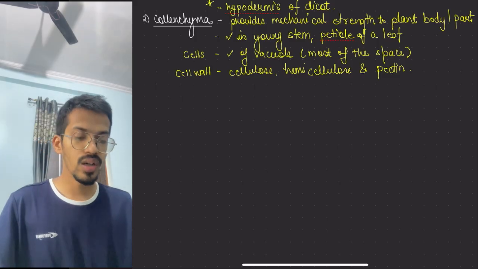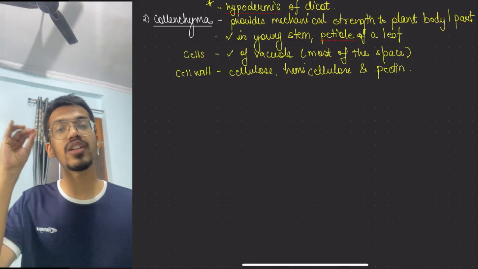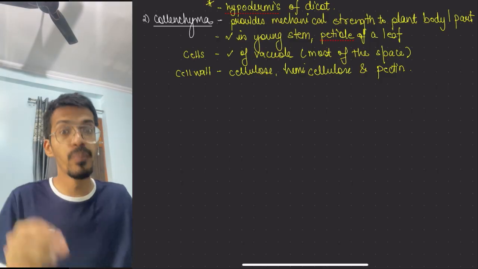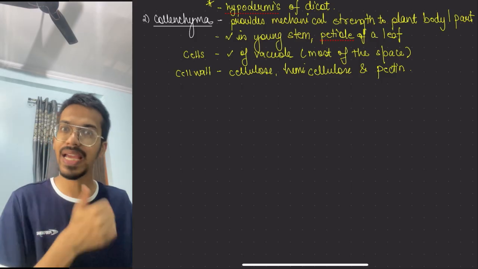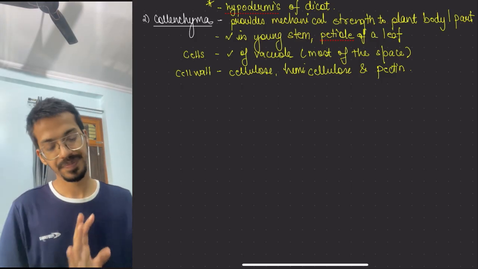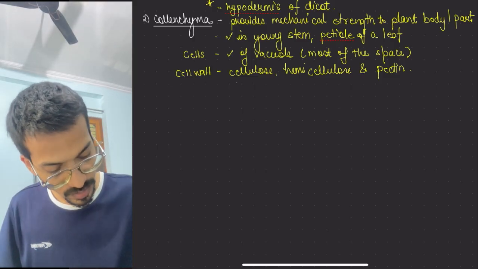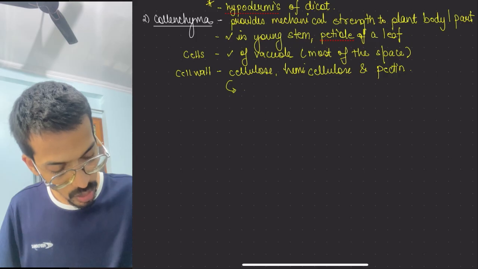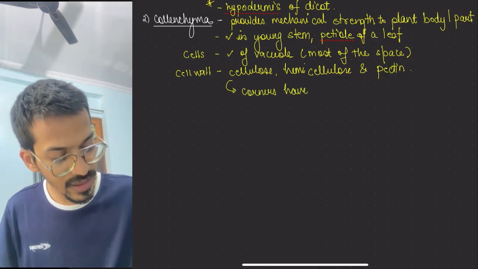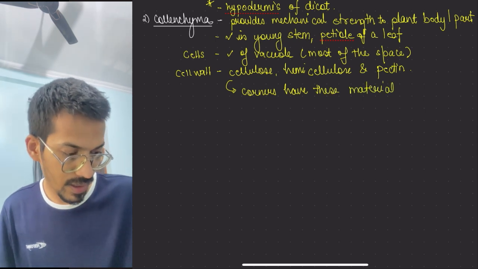Now these pectin, hemicellulose, cellulose are present, and at their corners there are extra depositions of these, which will give more strength, and that's how the mechanical strength is increased. Understood the assertion reason based question, right? So the corners have these material thickenings.